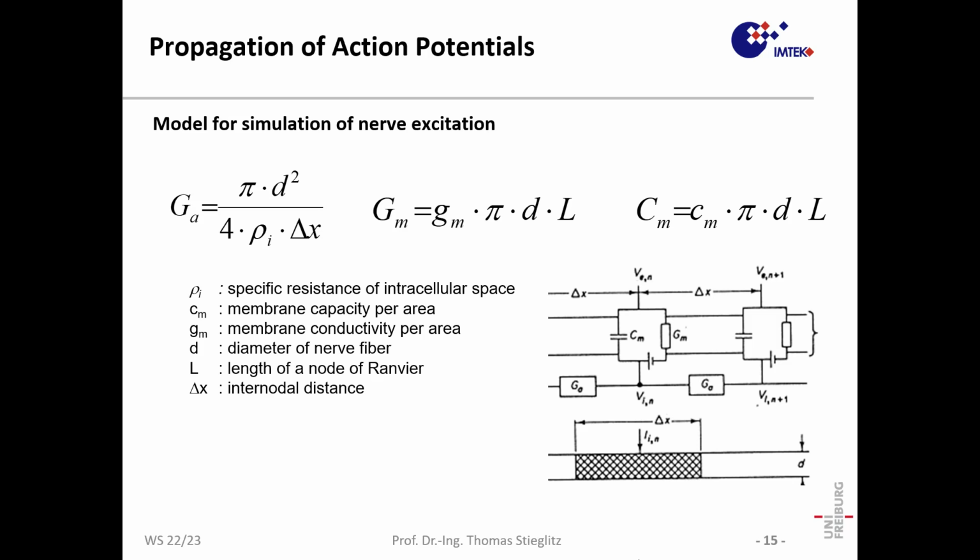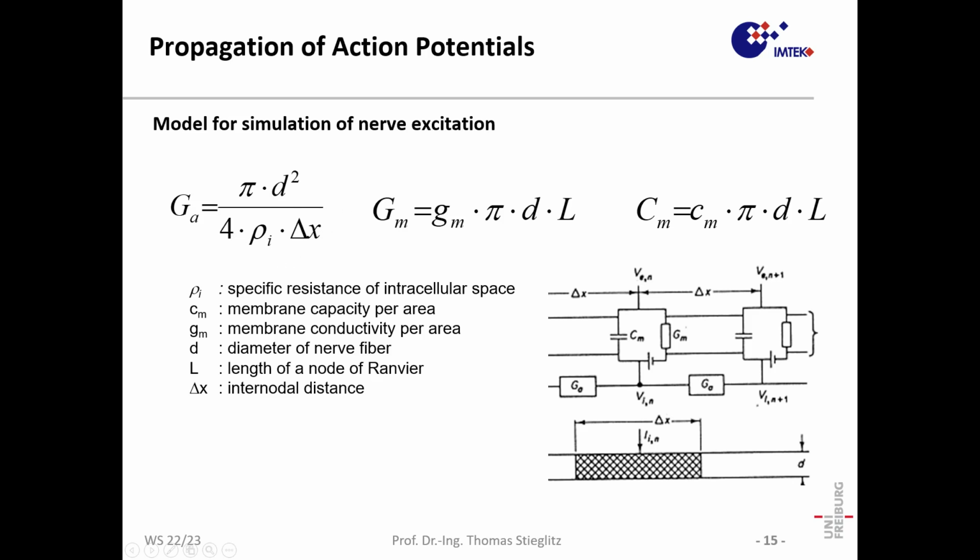And we have here the conductivity over the length. And if we take, for first approximation, the nerve as a cylinder over length, we would say, well, the conductivity of such a cylinder depends on the cross-sectional area. That's here pi times D squared over 4. That's the cross-sectional area.